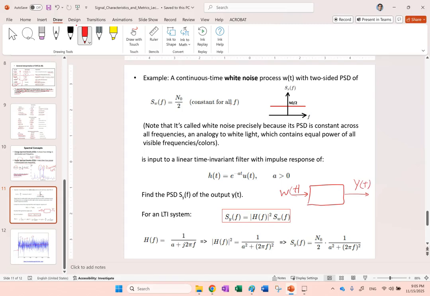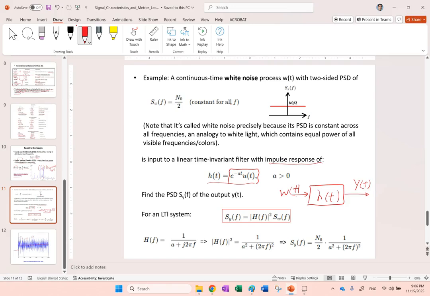This system is linear, and the transfer function of that in the time domain, which we call the impulse response of the system, is called H of t. So the Laplace transform of this is H of S, which is Y of S over W of S, okay? And for this system, the impulse response is a decaying exponential.